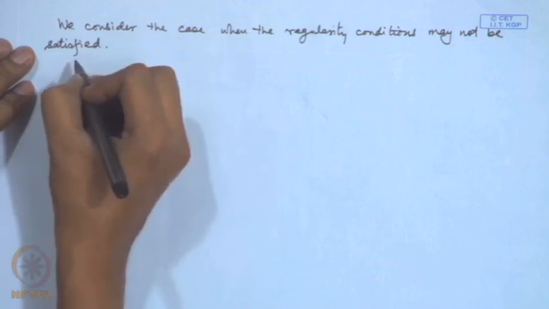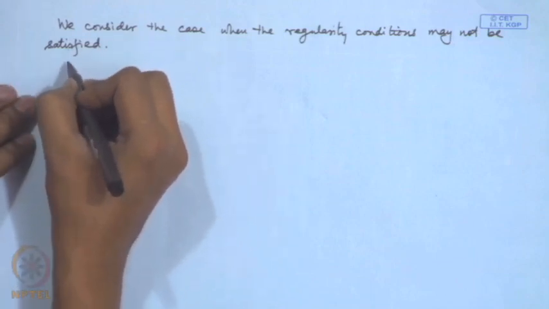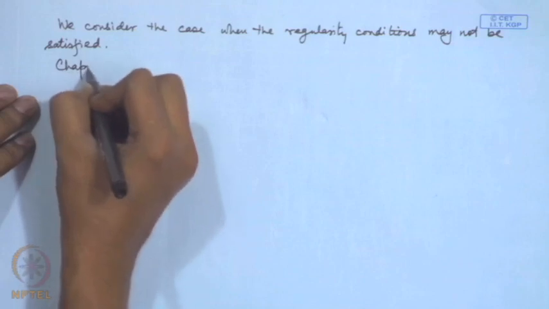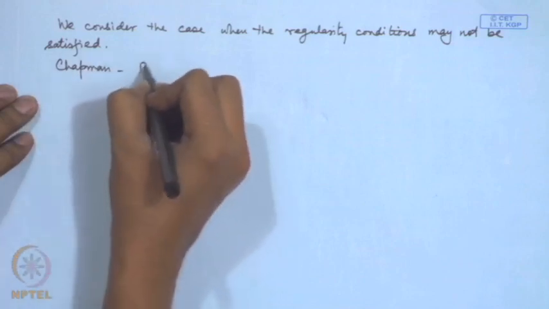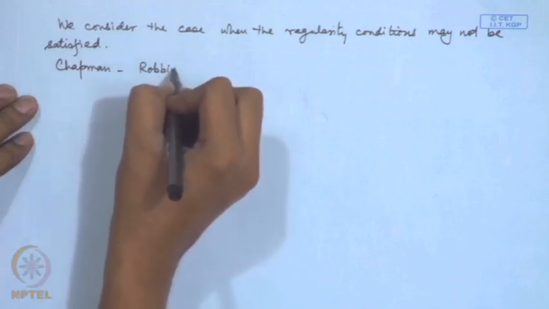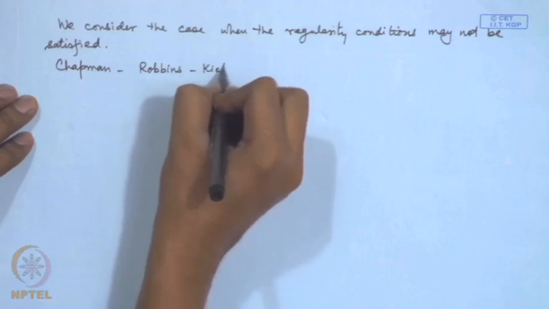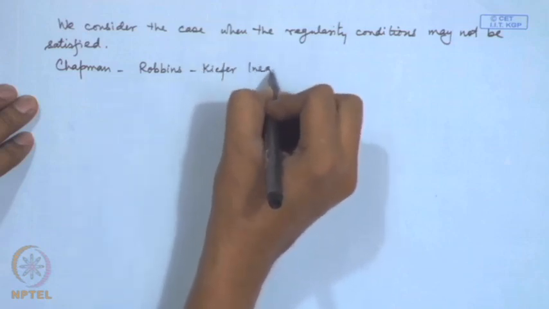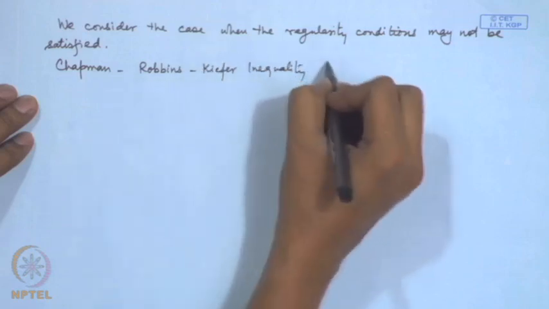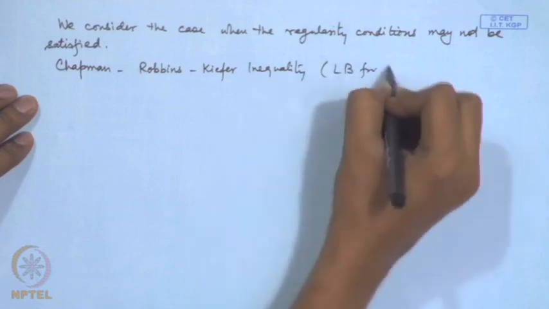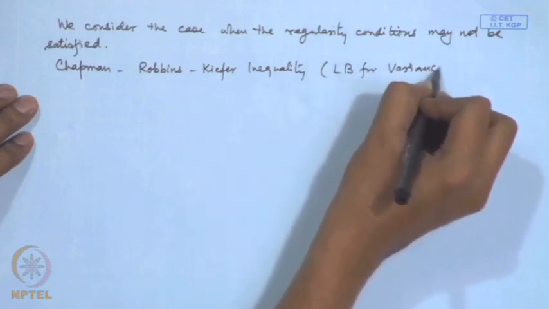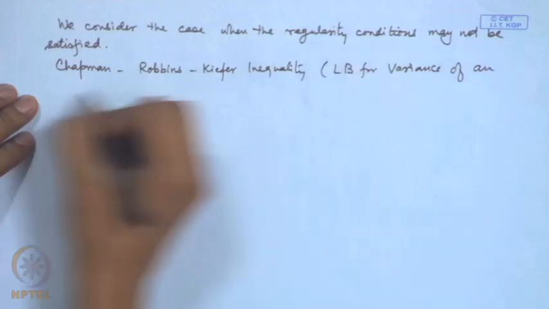So, we have the so-called Chapman, Robbins and Kiefer inequality, or lower bound for the variance of an unbiased estimator.